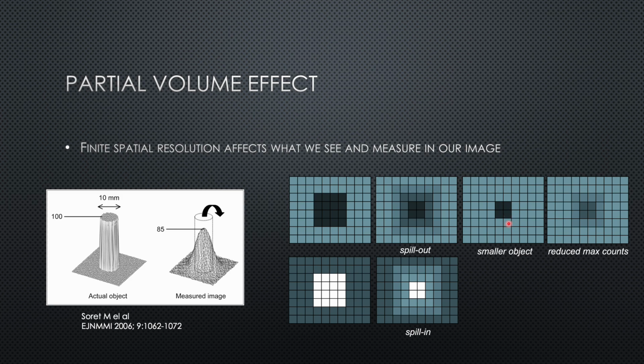And similarly, if we have a smaller object here, we can see a reduction in the maximum counts, but also a spill out of counts to make the volume look bigger. Conversely, I know it's quite rare these days, but if we were looking at a cold feature, you can see the spill in of neighbouring counts into this cold feature. So the size of the cold feature seems smaller.